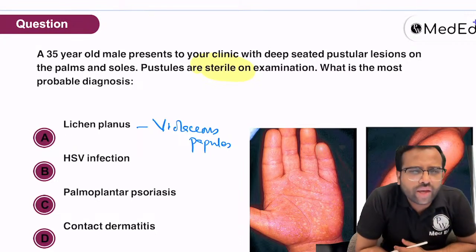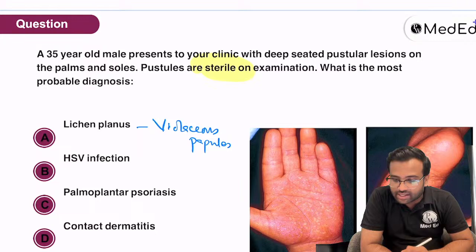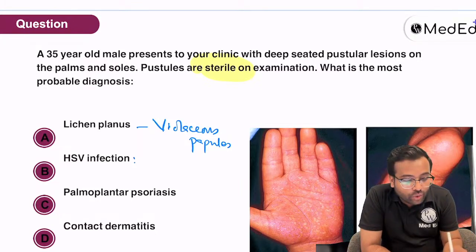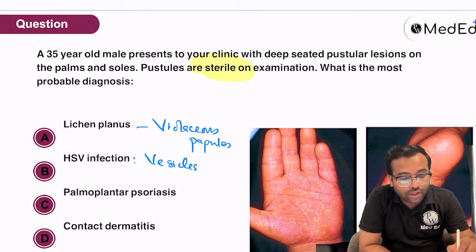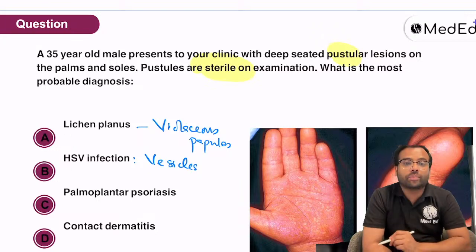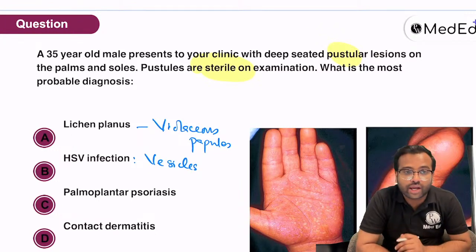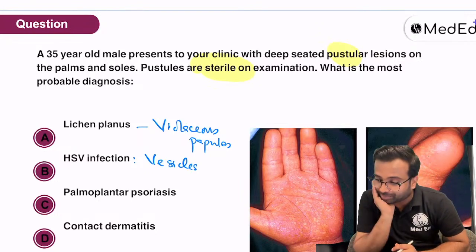HSV usually presents with vesicles, not pustules. So please pay attention, this MCQ is asking about pustules. Next option is palmoplantar psoriasis, and the last one is contact dermatitis. Now tell me your answer.